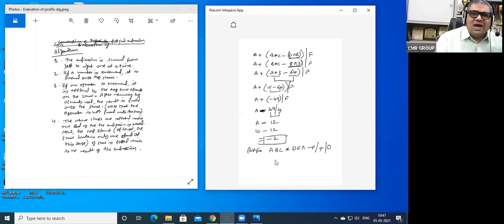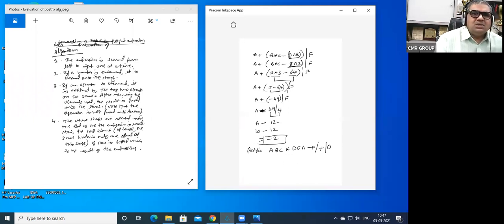Whenever you are scanning the expression from left to right, you encounter two types of symbols: one is the operand, the other is the operator. The expression is scanned from left to right, one symbol at a time: first A, then B, then C, like that.